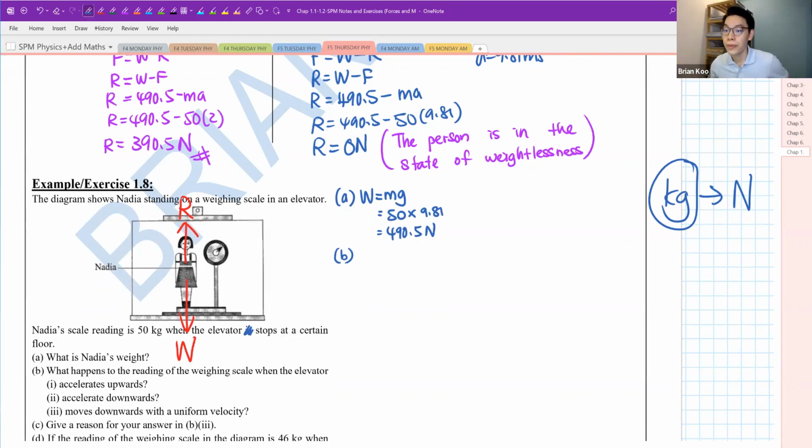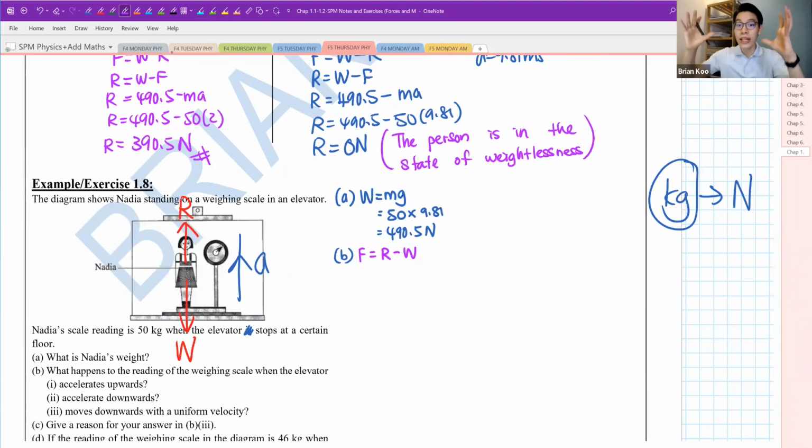If it is accelerating upwards, what is the resultant force? The resultant force will be R minus W. Why?